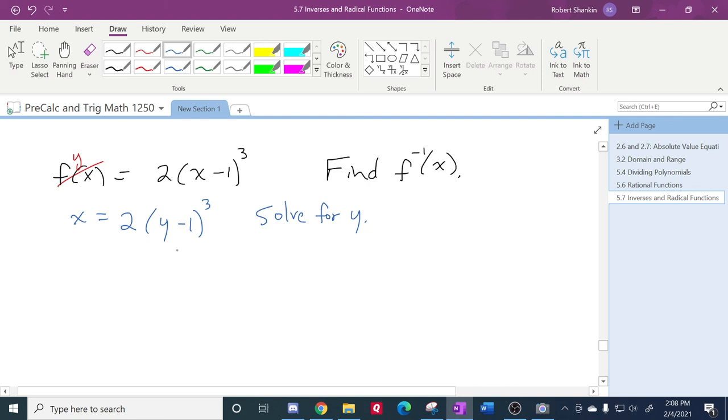I'll give you a tiny bit more time. Okay, I have to divide by 2. I'm going to turn it around.